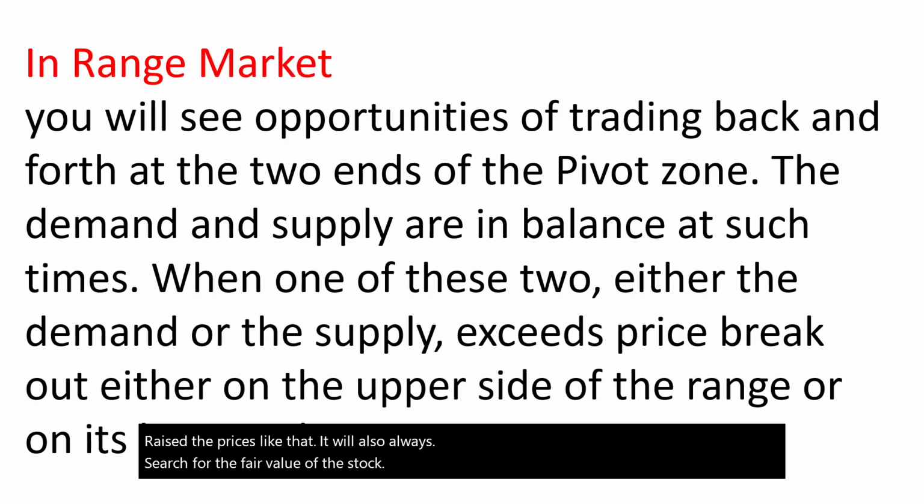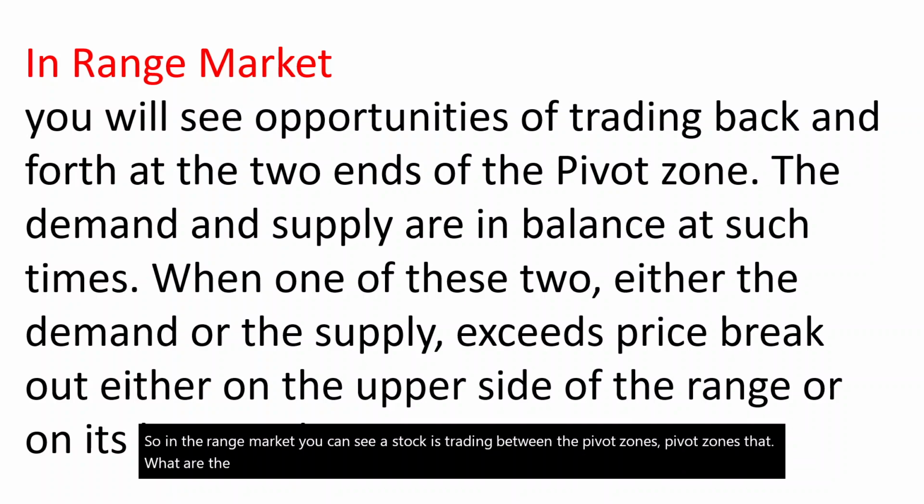So in a range market, you can see a stock is trading between the pivot zones, where the top is a resistance and the bottom is a support. This acts as a barrier in which the stock trades in between.